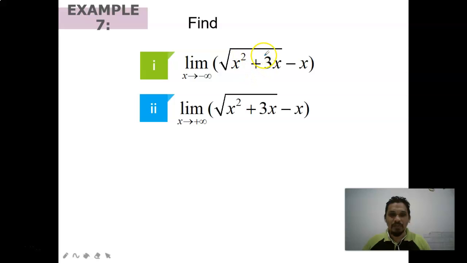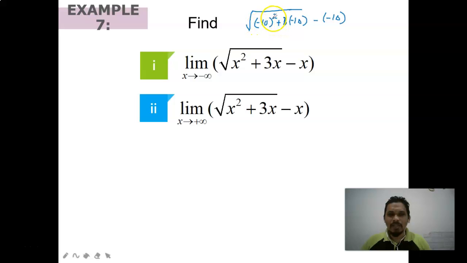Still a positive value inside here. And then minus negative 10. Just imagine something like this: negative 10 squared plus 3 times negative 10, and minus negative 10.